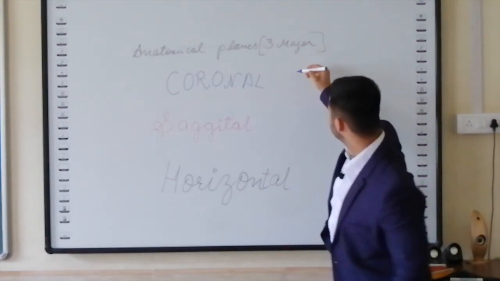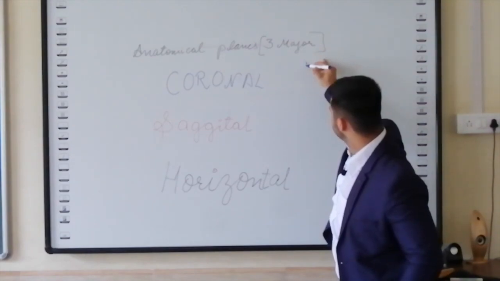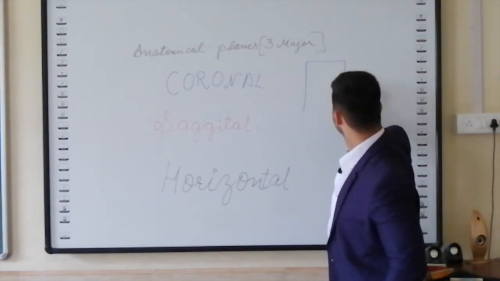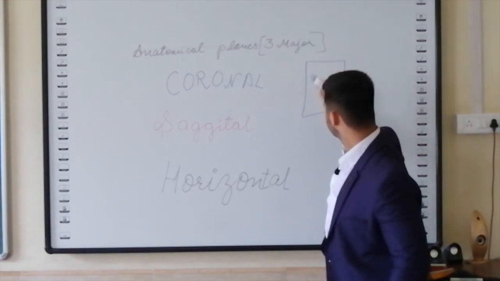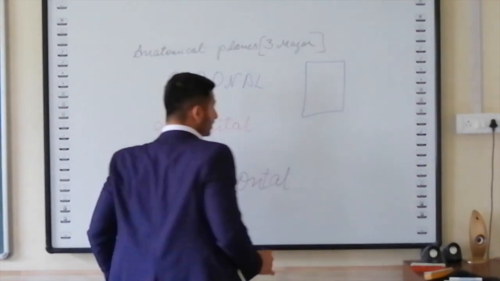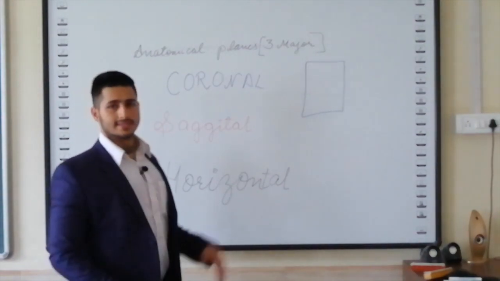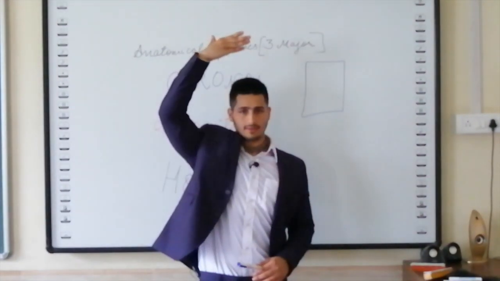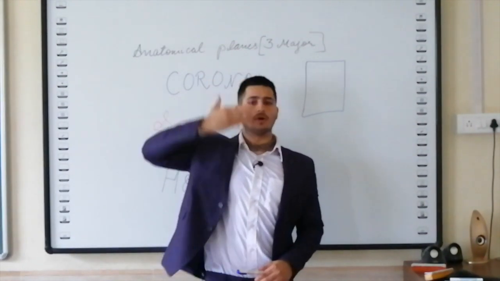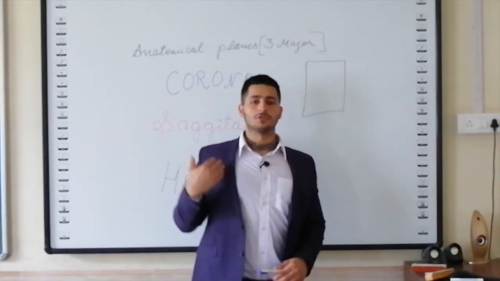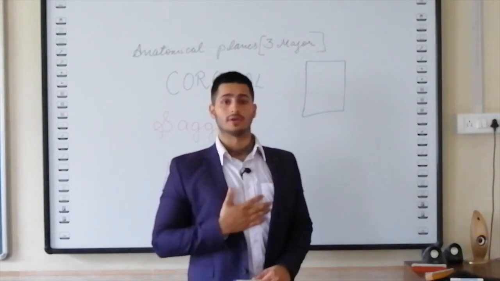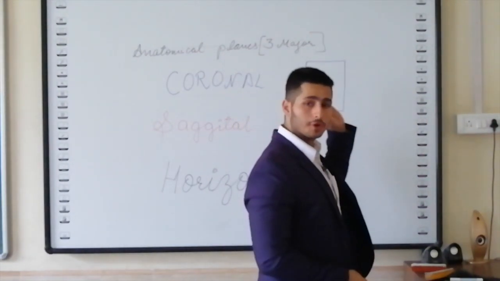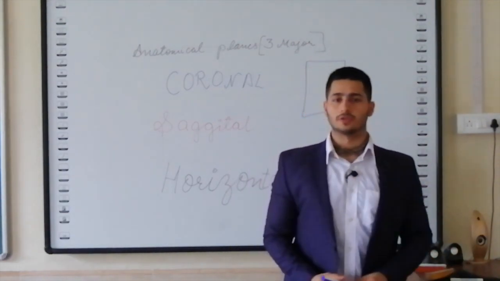We can consider this as an axis. This is an example of the coronal plane. It passes like that, and it divides the body into anterior and posterior portions. So my thorax or my chest is the anterior portion of the body, whereas my back, the vertebral column, is the posterior portion of the body.